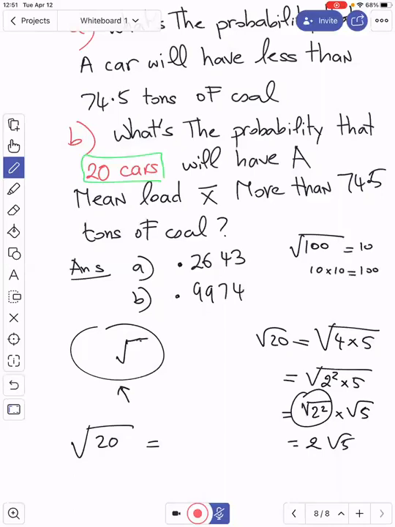But of course, 20 you cannot really write as the product of the same number. So square root of 20 should be 4.47.